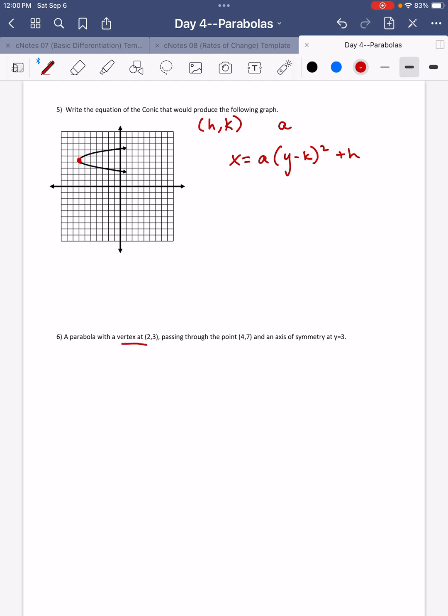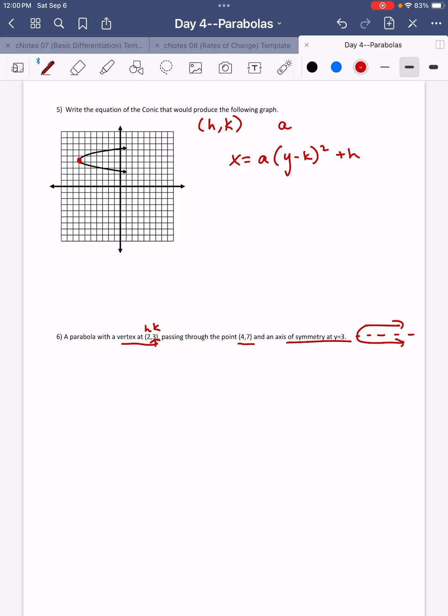Let's do this one. This is our HK, and it passes through the point 4, 7, and it has an axis of symmetry y equals 3, which is a horizontal line through k, which means it will be a sideways parabola if our axis of symmetry is horizontal.